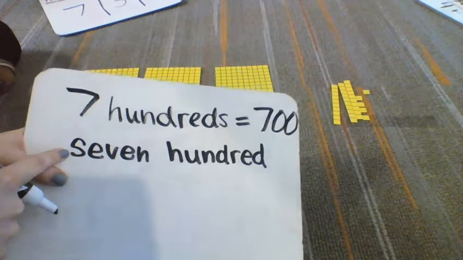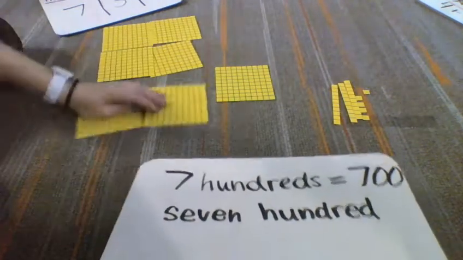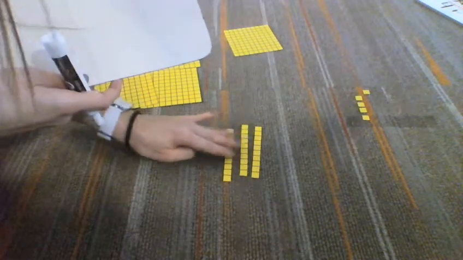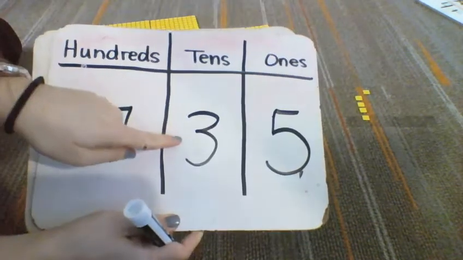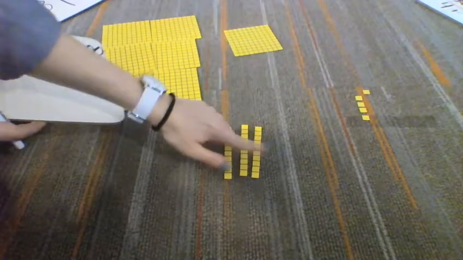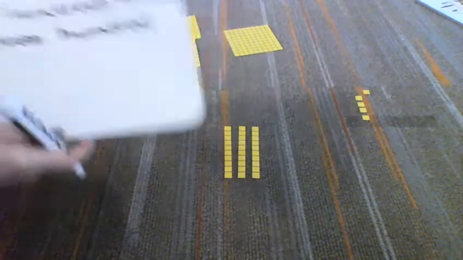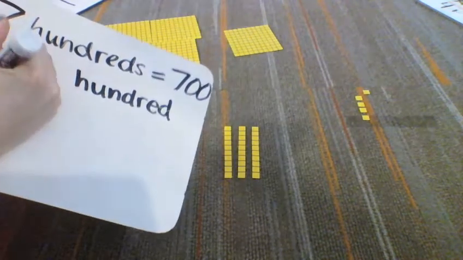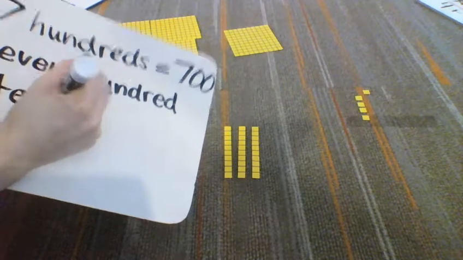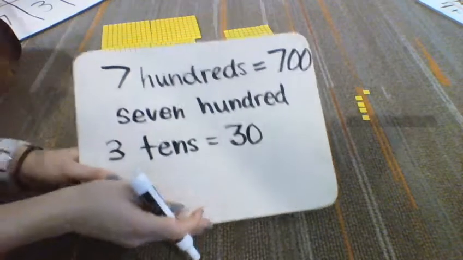Now let's move on to the tens. So I'm going to move these aside, and I'm going to look at these three right here. Remember, we have 3 groups of 10. So let's count by tens to figure out how much this equals. We have 10, 20, 30. So 3 tens equals 30.